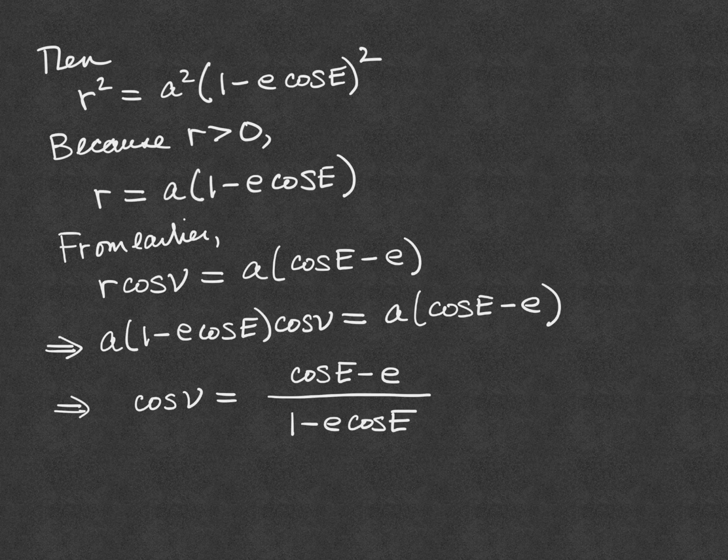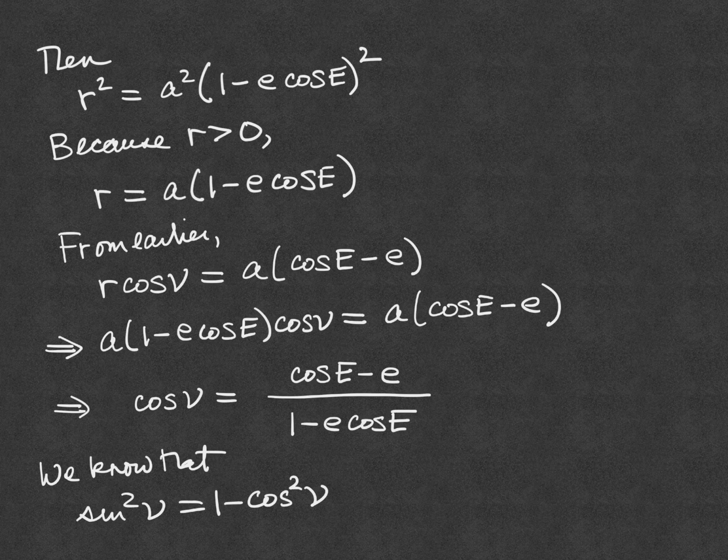Now what we're going to do is take another step, which is that we're going to derive an expression for the sine of nu, and we're going to use these two expressions together to figure out a nice compact relationship between the true anomaly and the eccentric anomaly. So given that we have the cosine of nu, we know that sine squared nu is equal to 1 minus cosine squared nu.